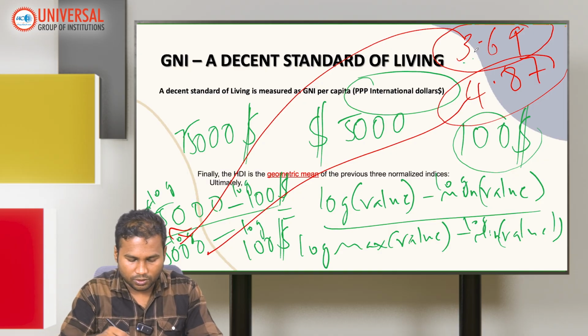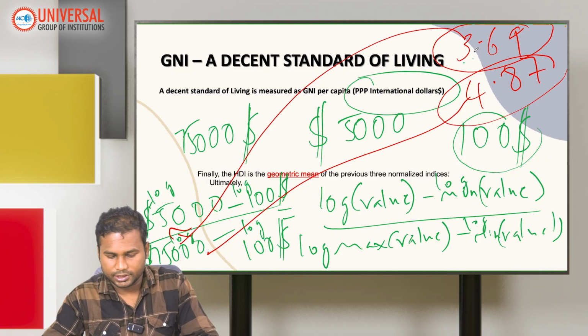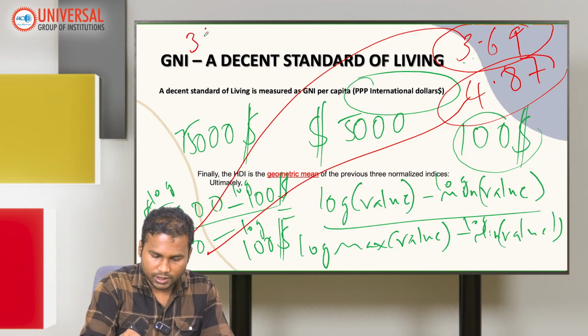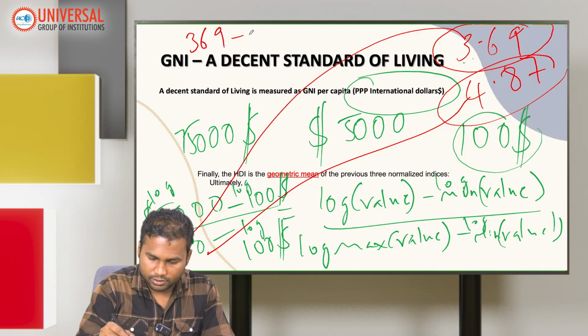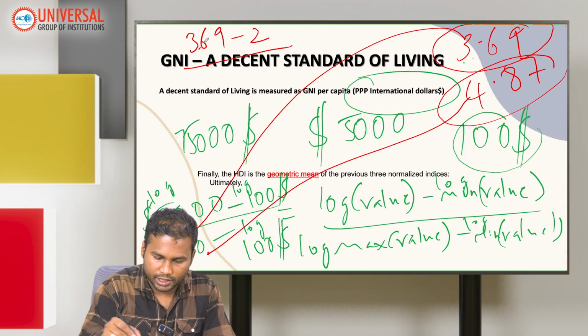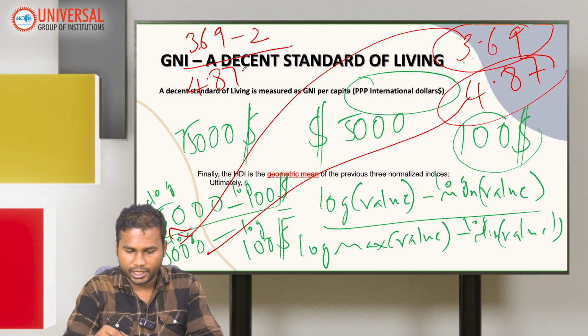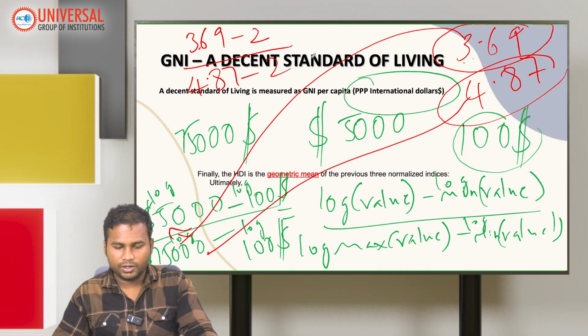So when we got the logarithm of $5,000, that is 3.69, minus log of 100, so the base is 2. So 3.69 minus 2, and the $75,000 log is 4.87, 4.87 minus 2, again the minimum value is 2.